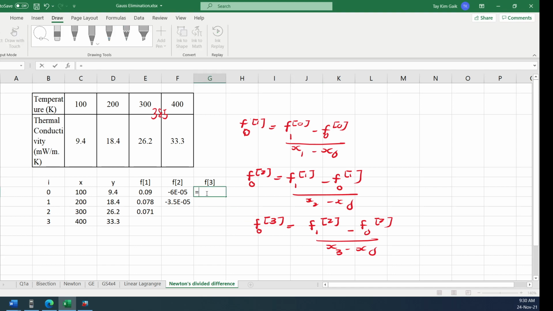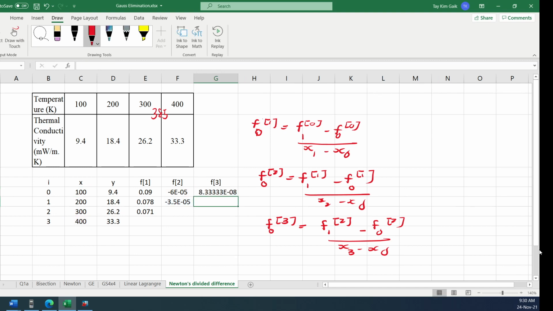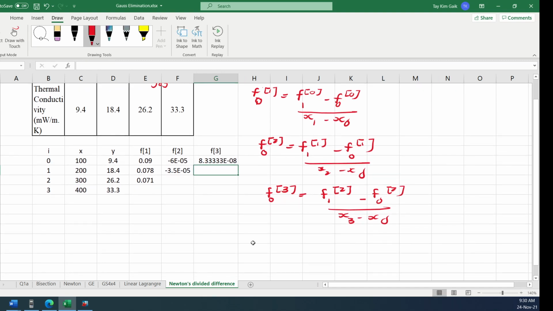So we have here this one minus this, divided by x3 minus x naught.